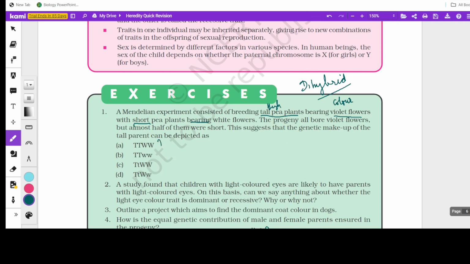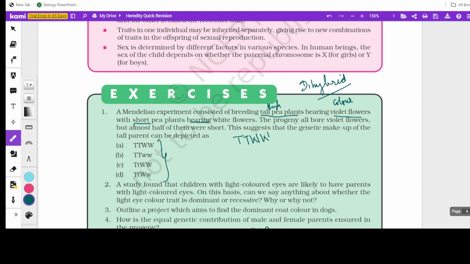Here they have given you the options, but still, how will you find it? Tall pea plant, we know, is capital T, capital T. Violet flowers: here the dominant letter is represented as W, so we will go for W. We know violet is dominant, right?